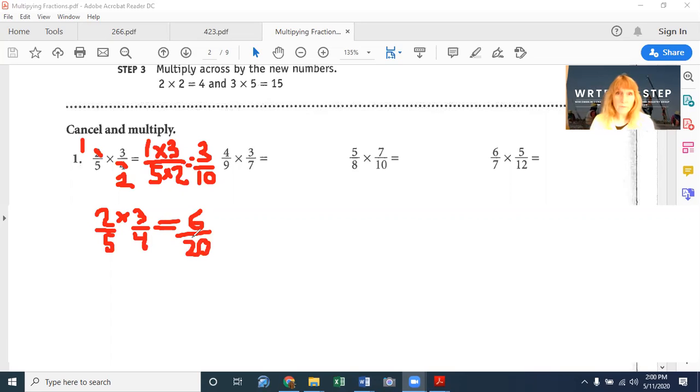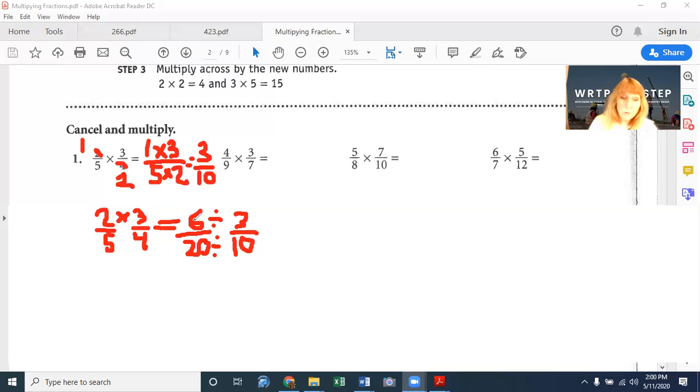So now I do have to reduce. So I know that I can take a 2 into both a 6 and a 20. And if I do that, I would get 3/10, right? And that's what we got when we canceled. We just had one less step to do because we canceled those numbers out.